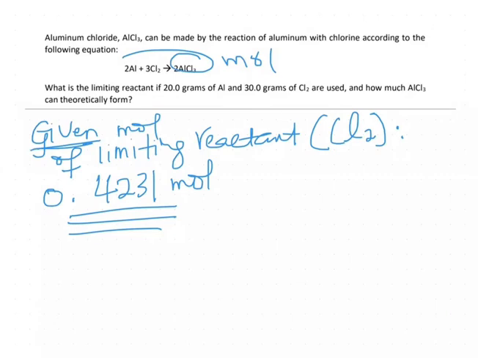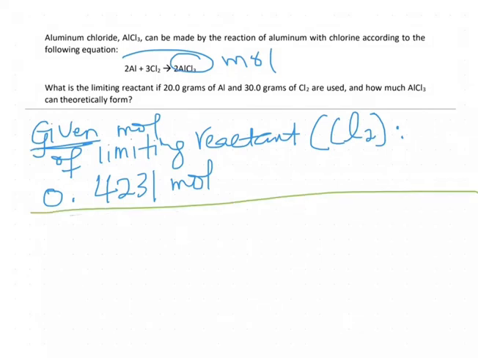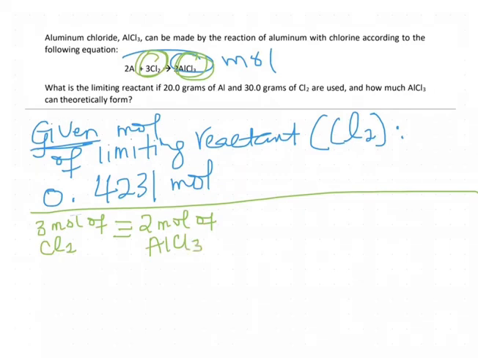We're going to do the same exact thing, a proportionality, but this time, instead of comparing between reactants, we compare your limiting reactant and your product. From the balanced equation, we know that 3 mole of Cl2 will produce 2 mole of AlCl3.